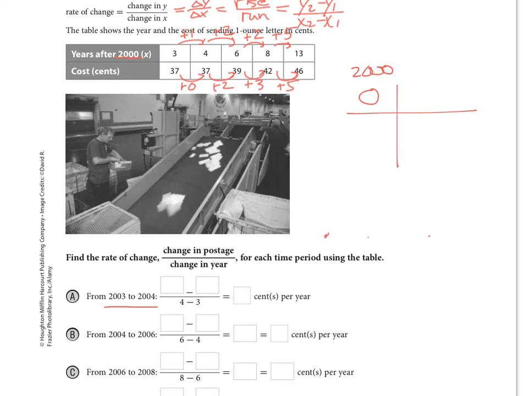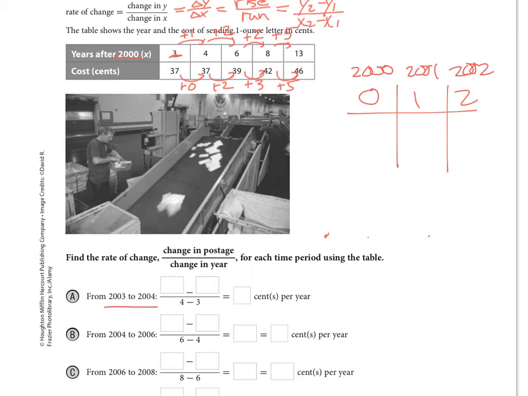Then term 1 would be year 2001, and term 2 would be year 2002. They don't show the years up here. They show what it is after 2000. So 2003 would be term number 3 because it's 3 years after 2000.